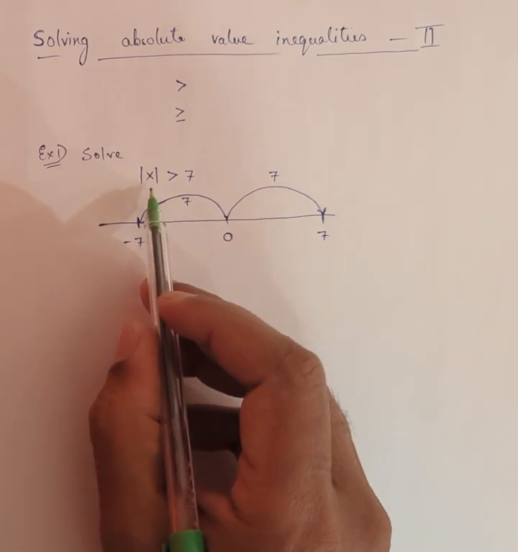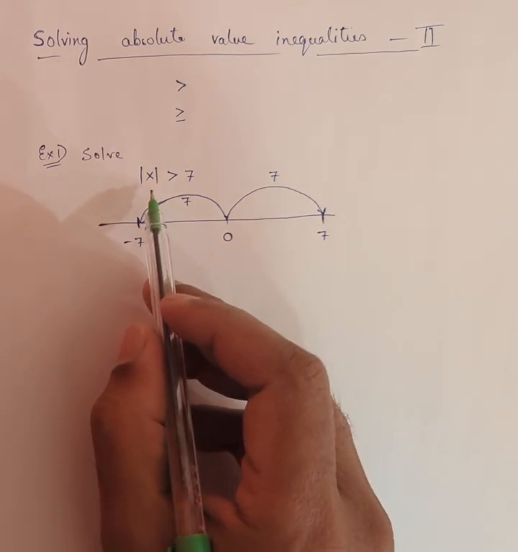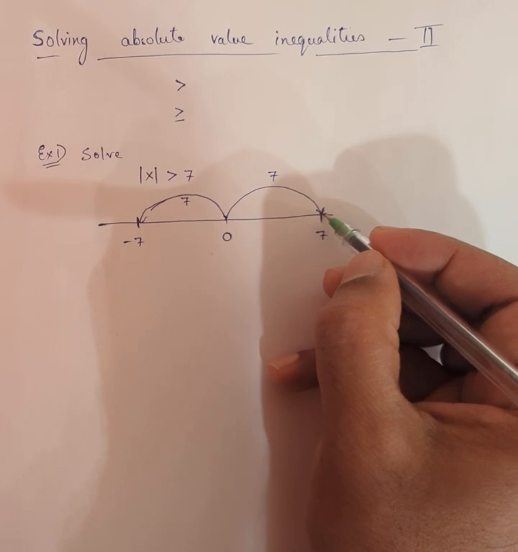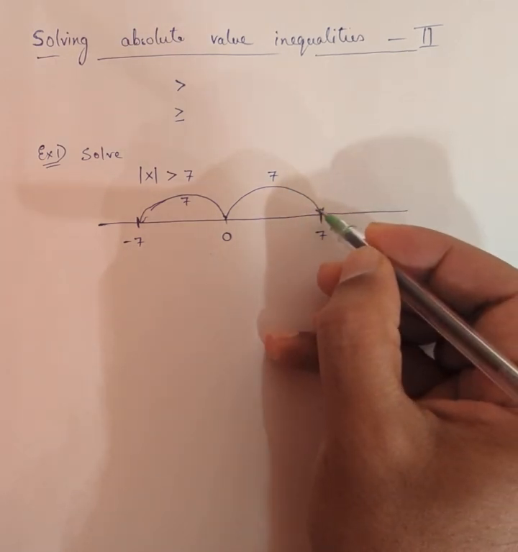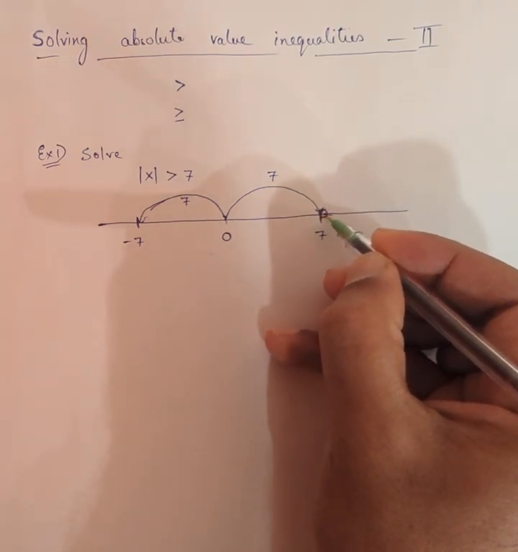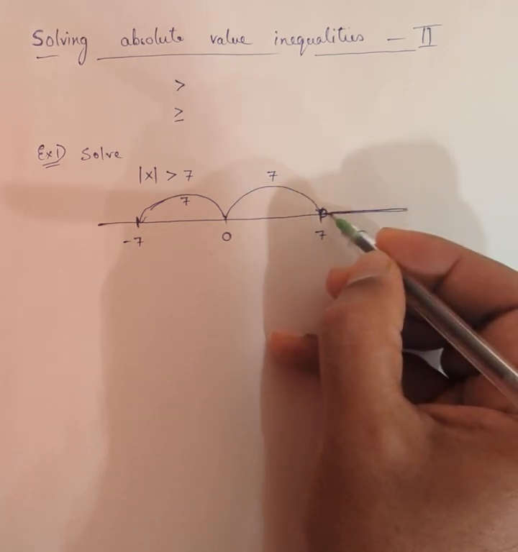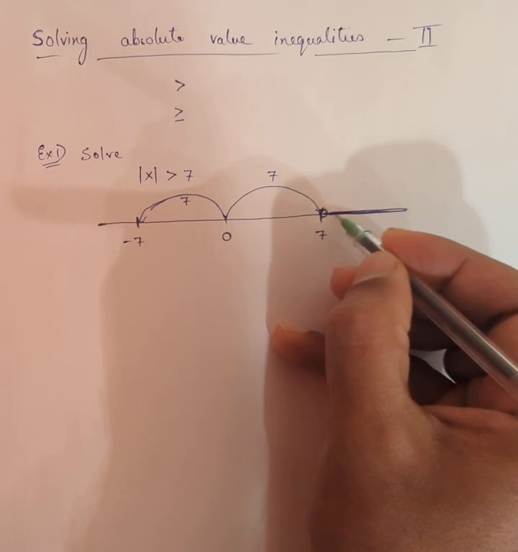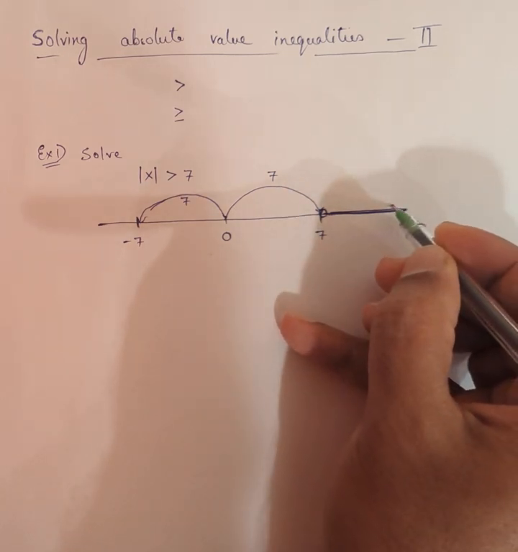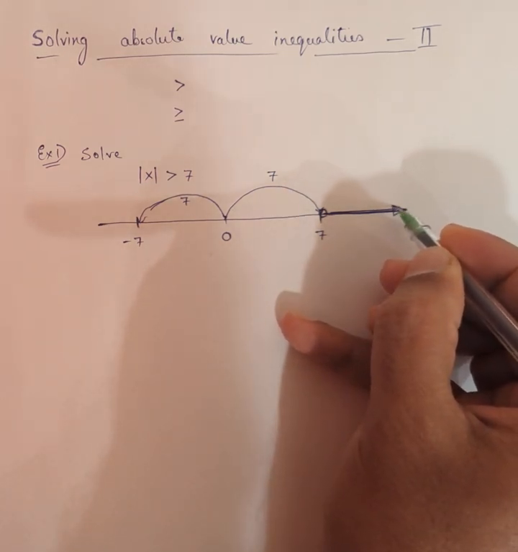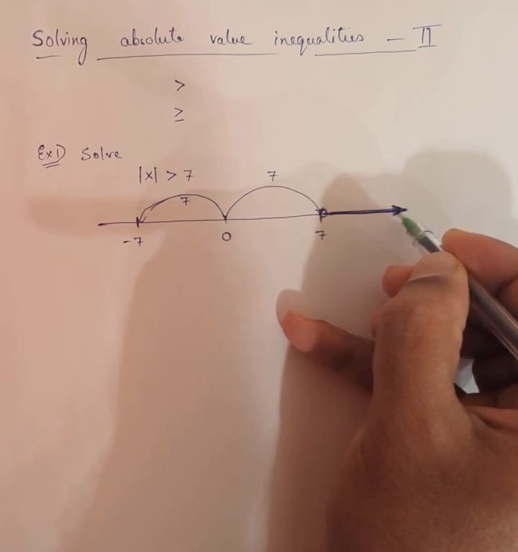I'm looking for all those numbers whose distance is more than 7, which means I want to stay more than 7 units away from 0. So it would be all of these numbers that are more than 7, and they go all the way to infinity.